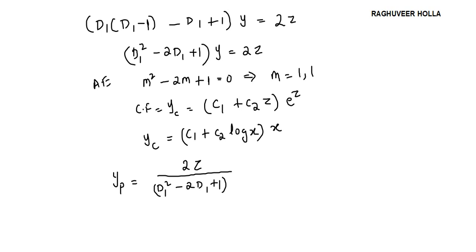Let me write it as 1 plus d1 square minus 2d1, and if I bring it to the numerator, it is the inverse, times 2z.